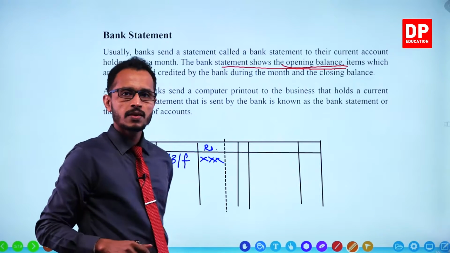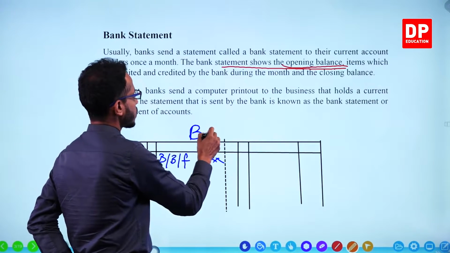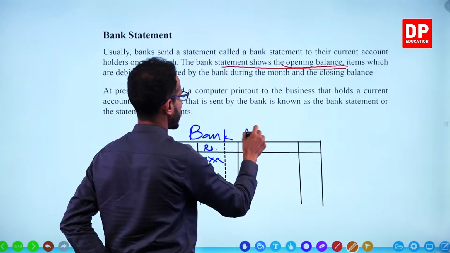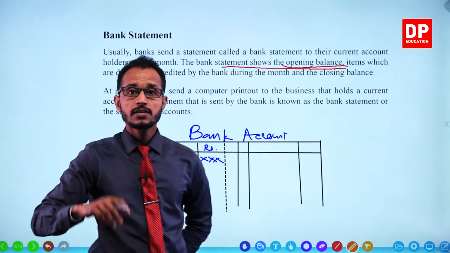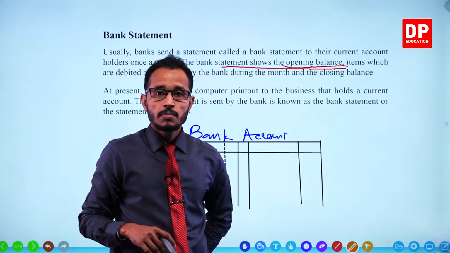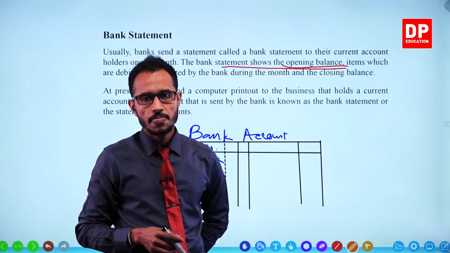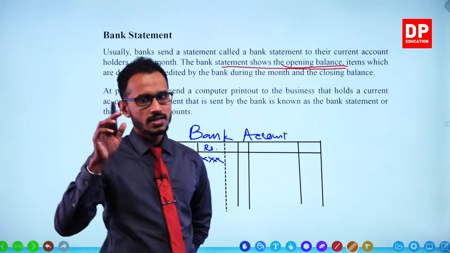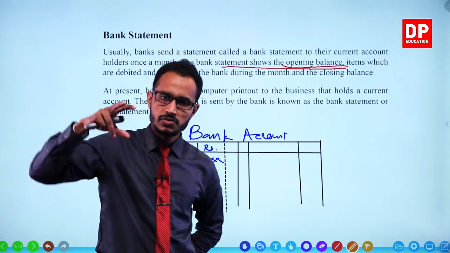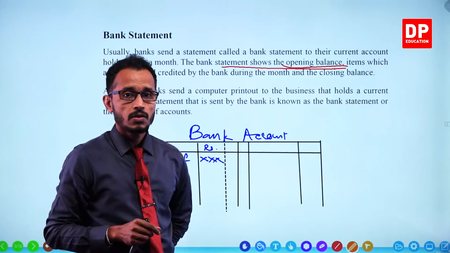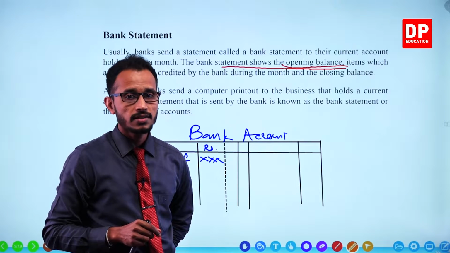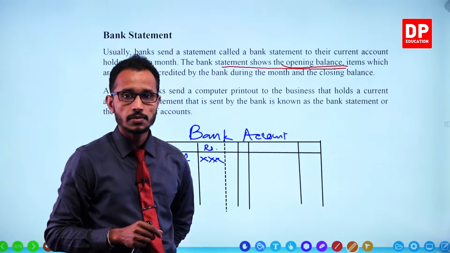Just like that, even the bank statement sent to every business by the bank starts with the opening balance. The balance, or the money, which was remaining in the account when the month started, on the first day of the month.